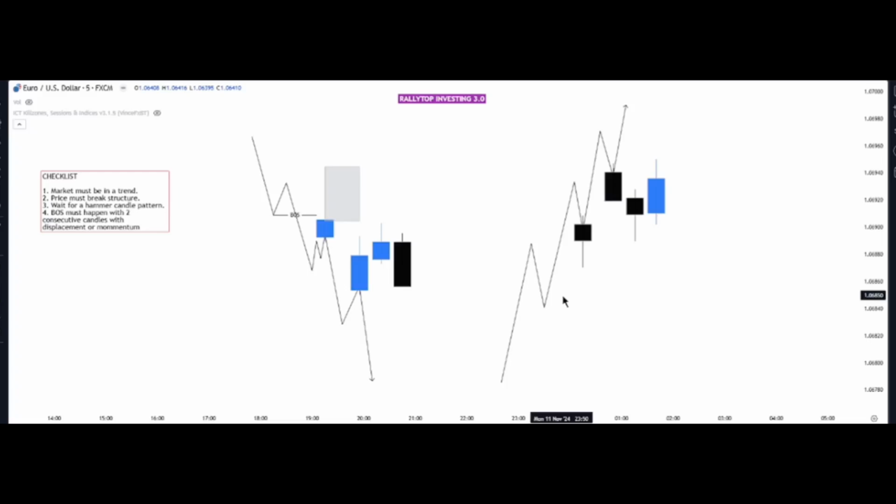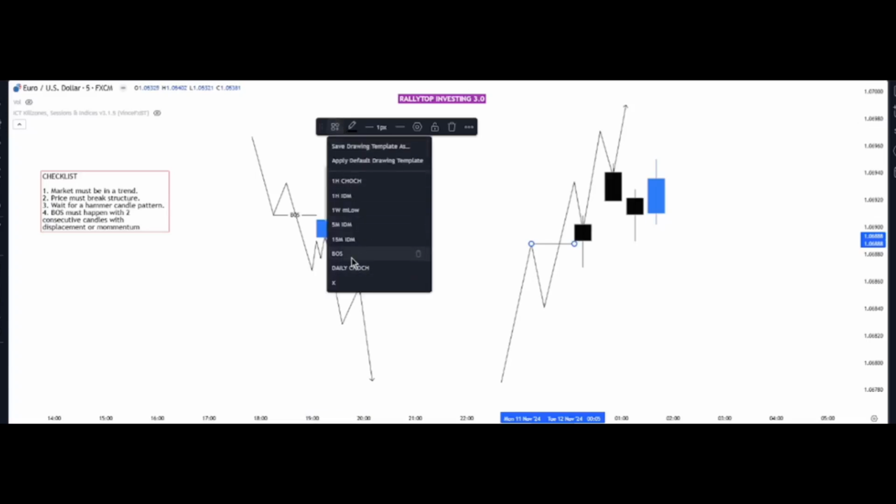And therefore, in this case, you'll find that the market is in a bullish trend. So that's the first condition. Number two, price must break structure. And where is the structure here? This high. Price has to break this structure, and that will be known as BOS.